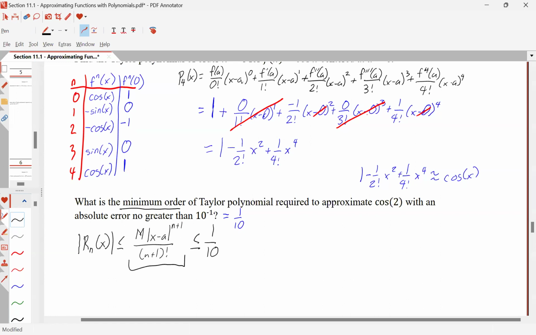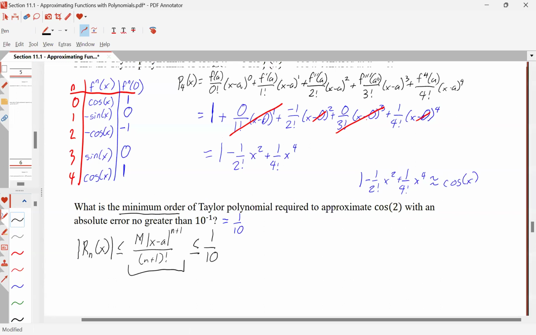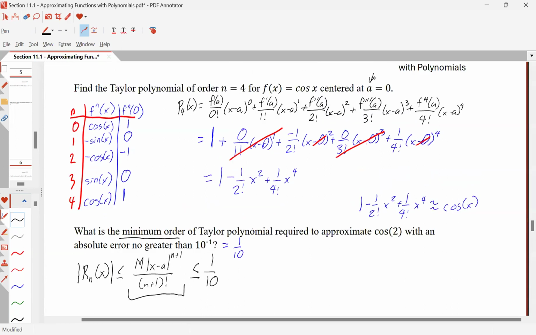So in particular, we know a is 0. x is going to be 2 because we care only about up to 2 away from the center. Our center is at 0. We only care about cosine of 2, so we don't care about cosine of 3 and how well of an approximation that would be.